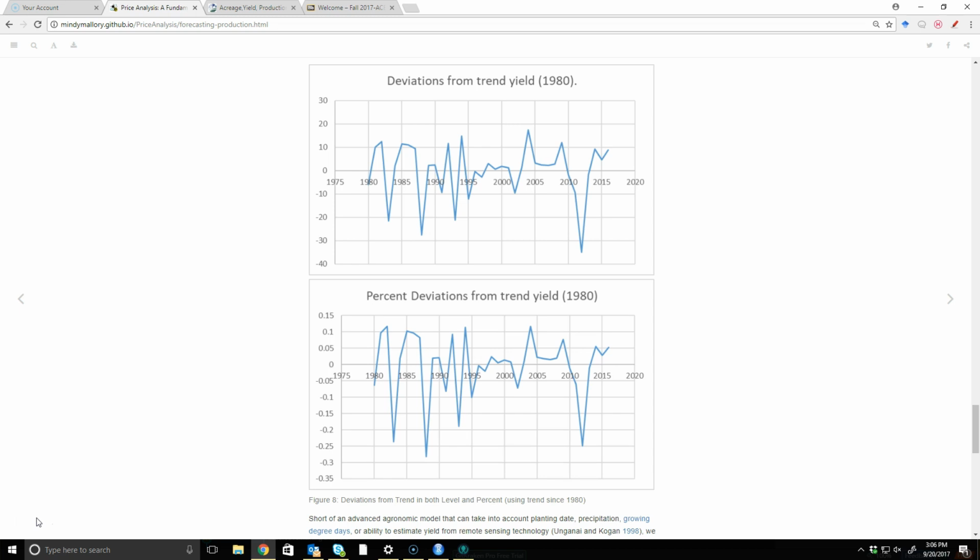At least that's what the evidence of these two graphs suggests. So in levels, it looks like 2012 was the most severe drought in recent history, but if we calculate it as percent deviation from trend, the 2012 drought was among the worst, but it was not worse than the 1988 drought.